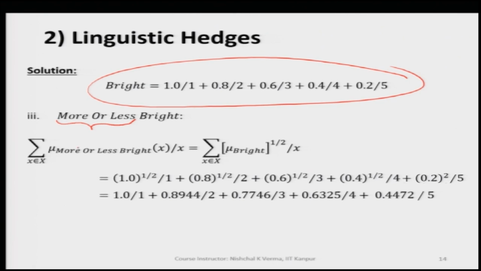So, let us find more or less bright. So, the more or less bright fuzzy set is here. So, what we are doing here is we had 1, so we are taking the square root of 1, and then we are taking the square root of 0.8, square root of 0.6, square root of 0.4, square root of 0.2.